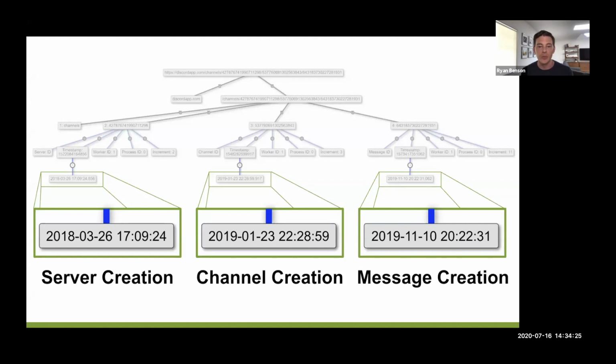Likewise, the second parameter is the channel, so you can tell when the channel was created on this Discord server. And then lastly, when the message we're talking about was created. And when a message is created is pretty analogous to when the message was sent, so that might be the most interesting bit. You can tell when a message was sent just by this URL. But the server and channel parts can also be pretty interesting if you're trying to do more profiling on, like, was this channel created at exactly the same time as the server?